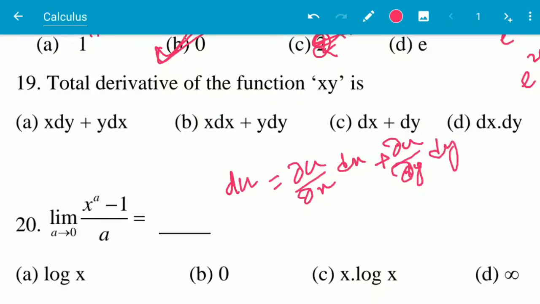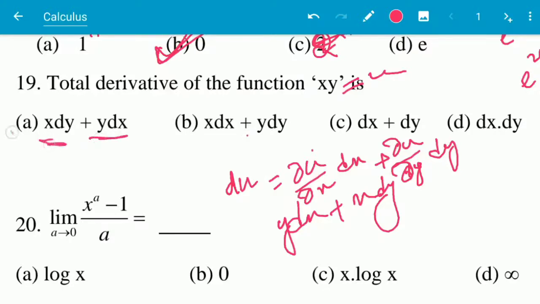So here the function is u equal to xy, and du is equal to y dx plus x dy. So option number A is the correct answer.